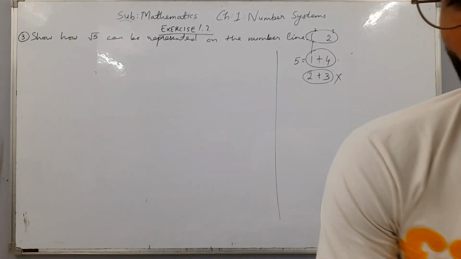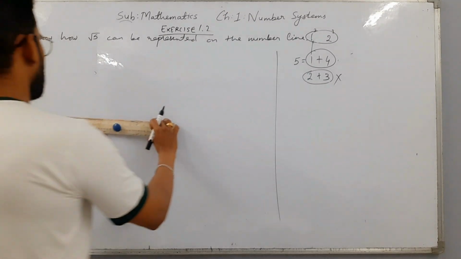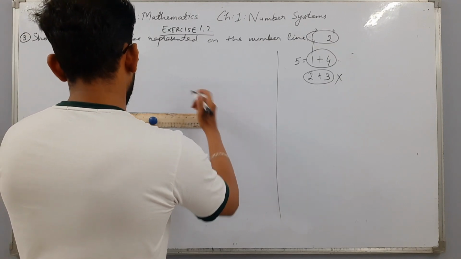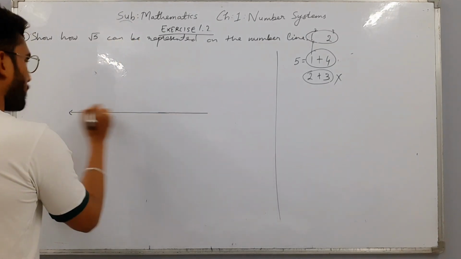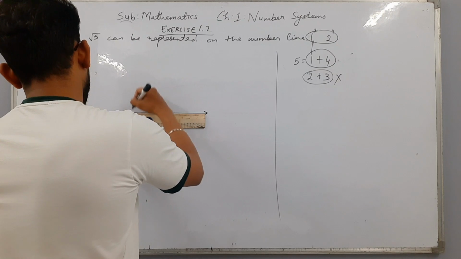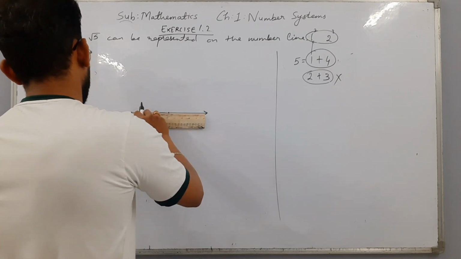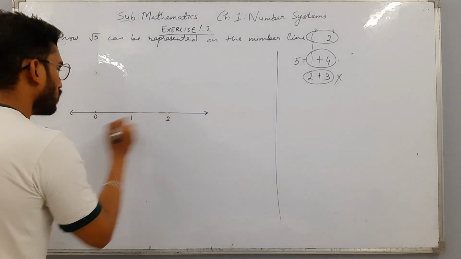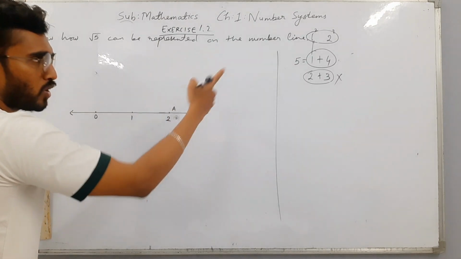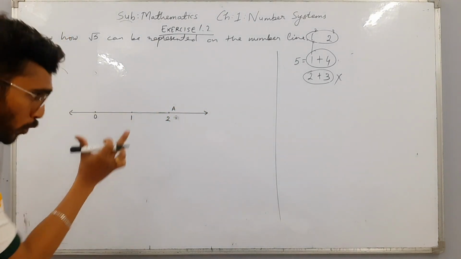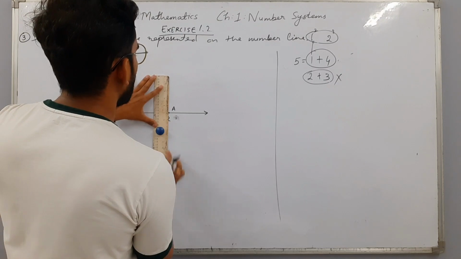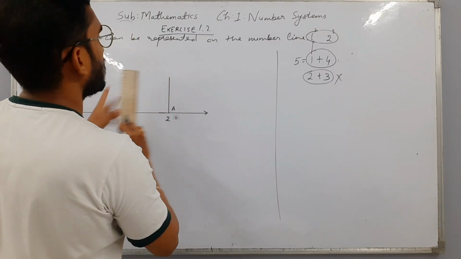So first draw a number line. Origin, 1, 2, and this time my A will be at 2, because one side I have to take 2 units. So my base is 2 units, and a vertical line I will draw at point 2 which will be of 1 unit.